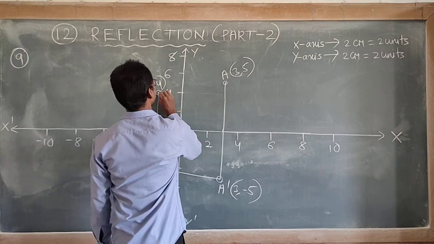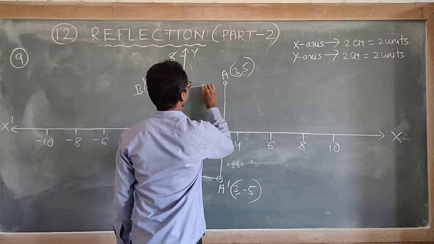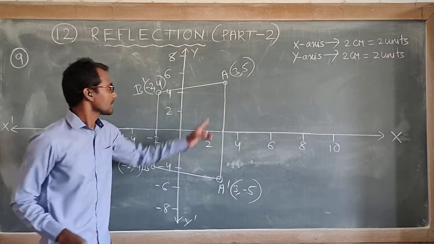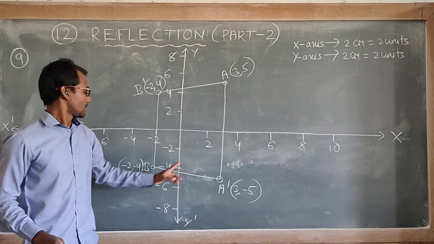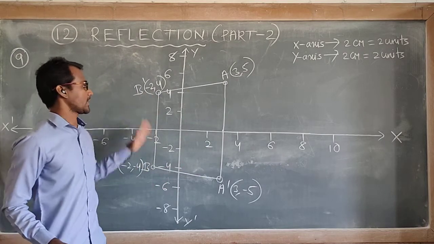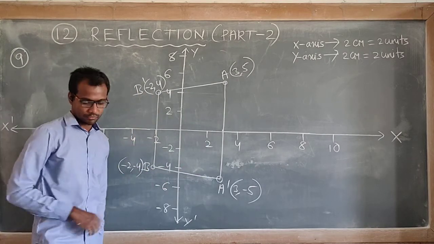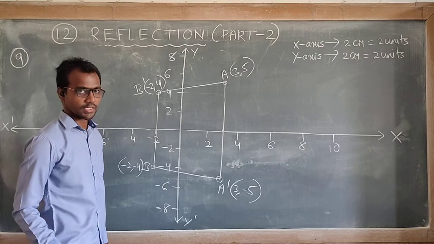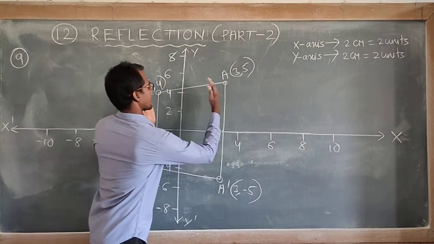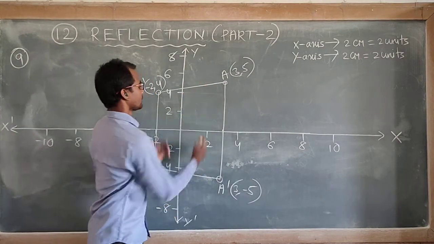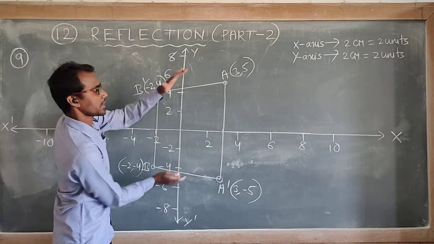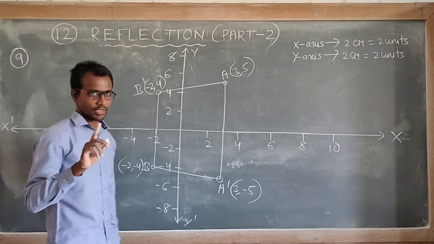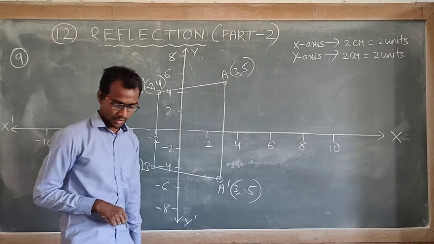A dash B dash, this is the figure. So look at the figure. What is it? It is an isosceles trapezium. You can see these two sides are parallel, and these two sides are equal. So it is simply not a trapezium. It is an isosceles trapezium.